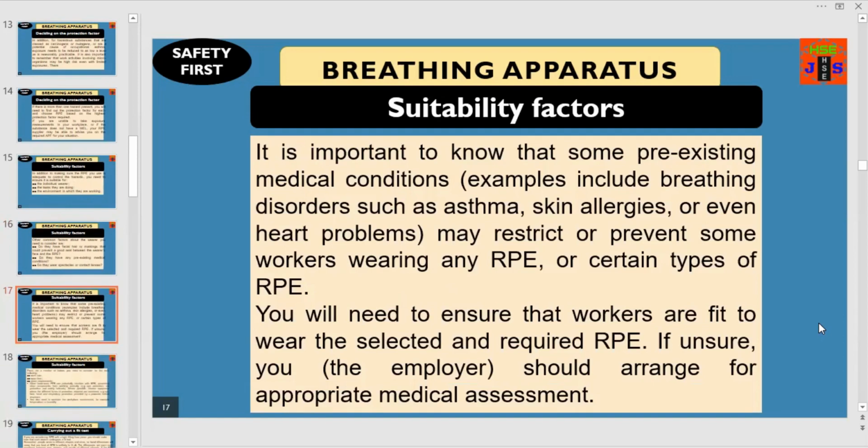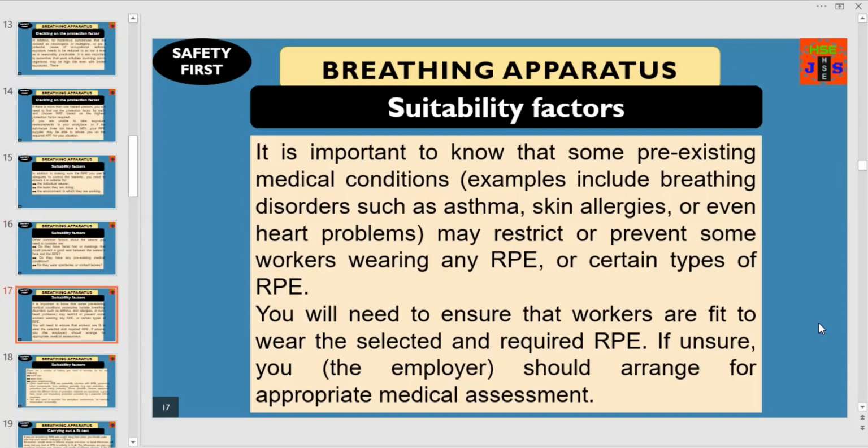It is important to know that some pre-existing medical conditions, examples include breathing disorders such as asthma, skin allergies, or even heart problems, may restrict or prevent some workers wearing any respiratory protective equipment or certain types of respiratory protective equipment.